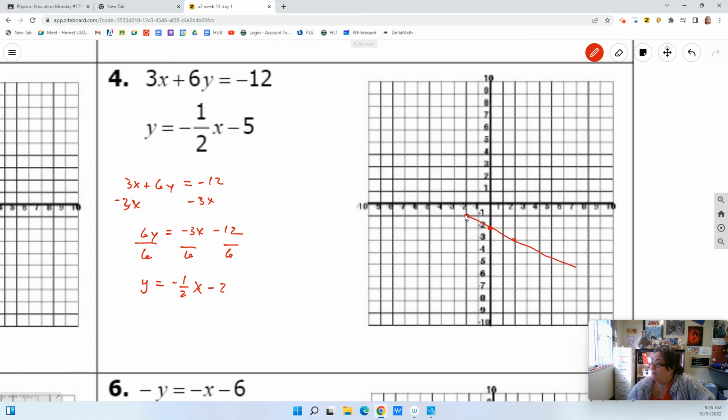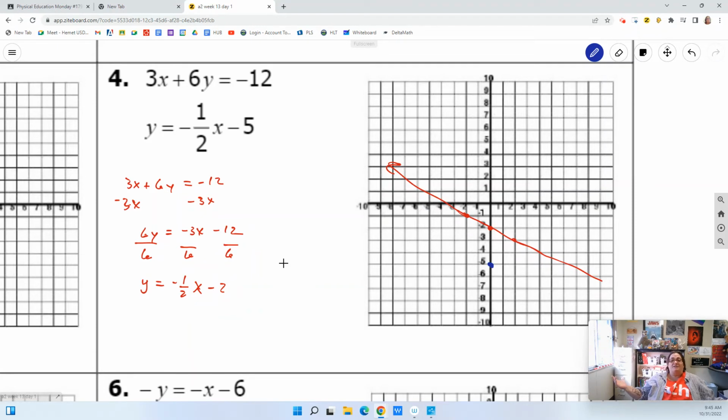We just know that it's going to follow that path forever and ever. And then when we look at the next line, the bottom line, we go, okay, well, we have a point at -5 on the y-axis. That's hard to see with that color. And our slope is also -1/2.